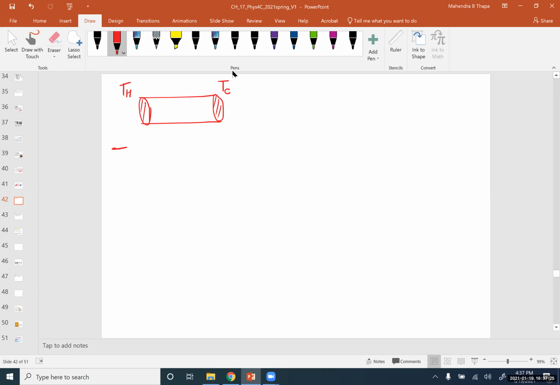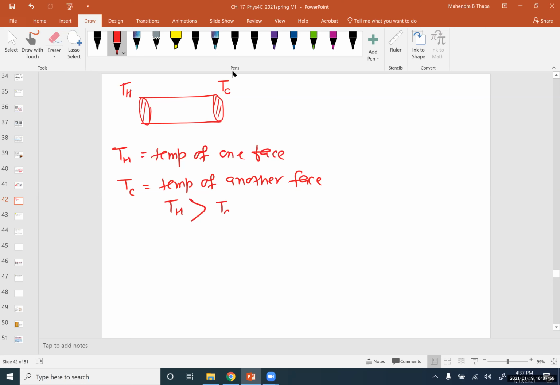So what is TH? TH is the temperature of one phase, and TC is the temperature of another phase. So TH is greater than TC.